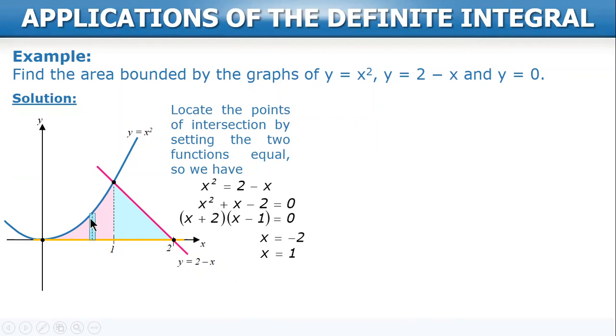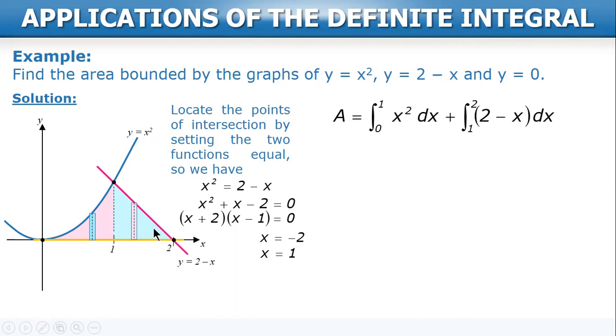So this is our rectangle in the left portion and then the right portion. You will notice that the lower graph is 0, because the rectangle touches the x-axis. So this is for the left portion: the upper graph is the parabola, x squared minus 0, so it's just x squared from 0 to 1.